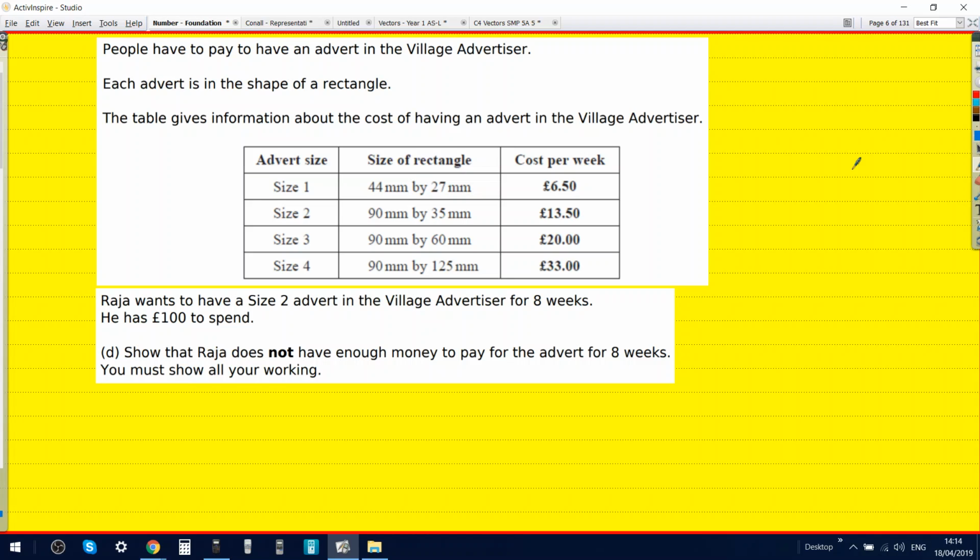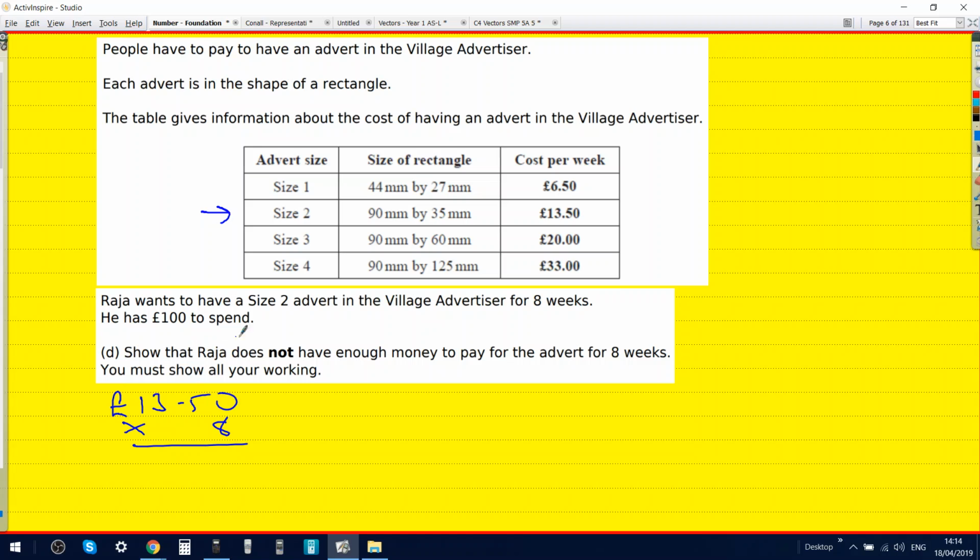So basically, size 2 is £13.50. So £13.50 times 8. And whatever that is really.